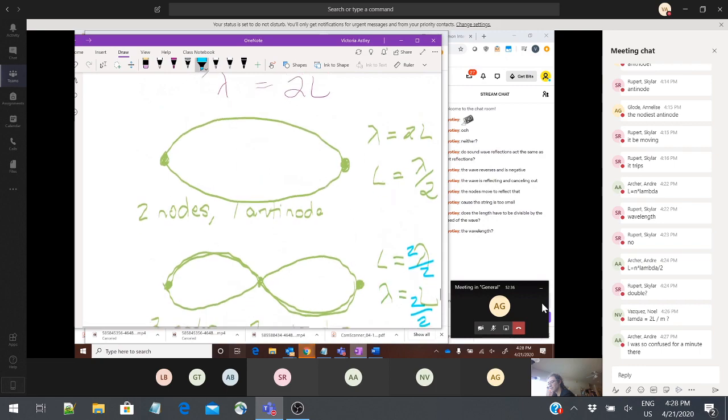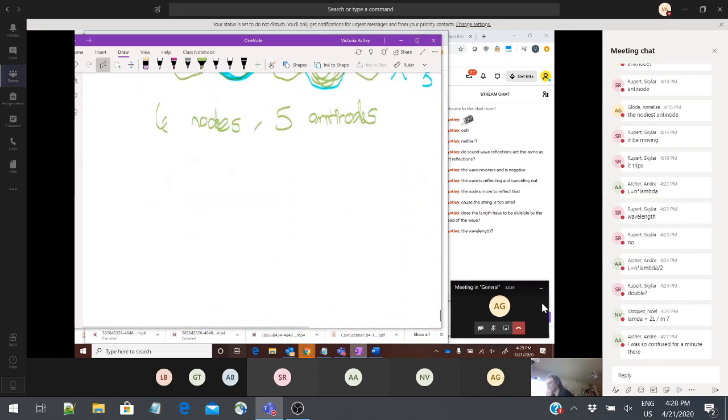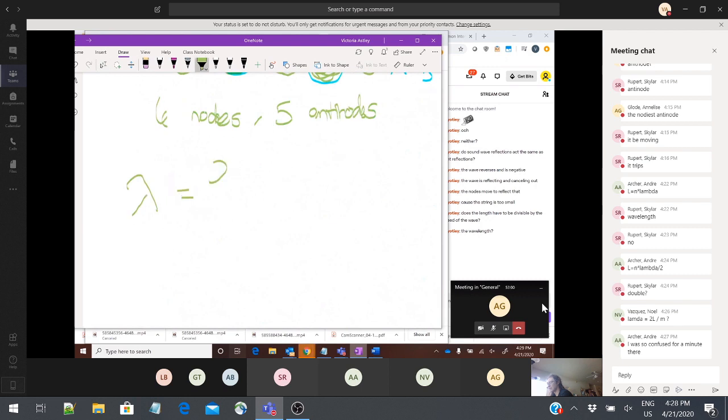This is, I put these backwards, that's really annoying. 1 lambda over 2, and lambda is 2L over 1. So our pattern is lambda is 2L over M, L is M lambda over 2.